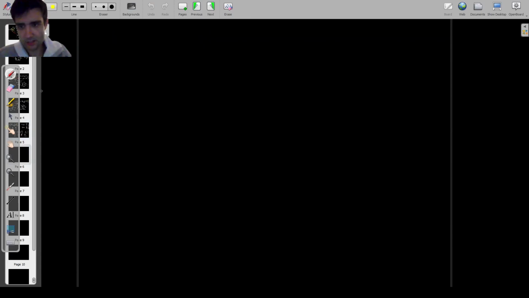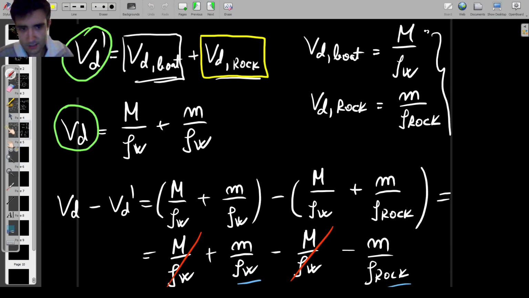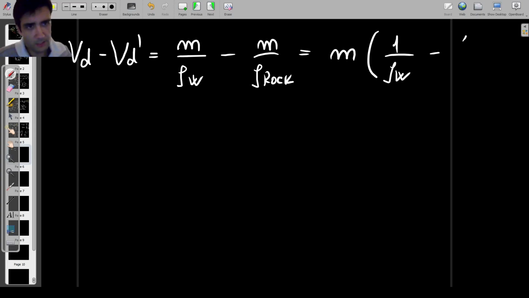So if I write it here, we've got Vd, the displaced volume in the first case, minus the displaced volume after the rock has been thrown overboard. That is equal to, so we're left with small m over rho w minus small m over the density of the rock. So if I factorize this, that's m times 1 over the density of the water minus 1 over the density of the rock.